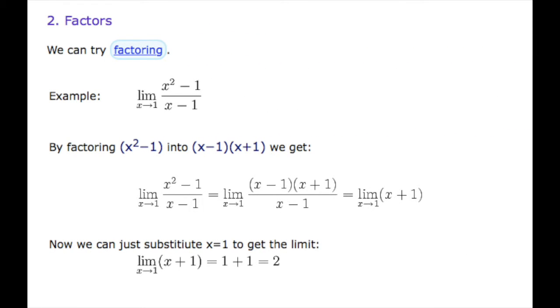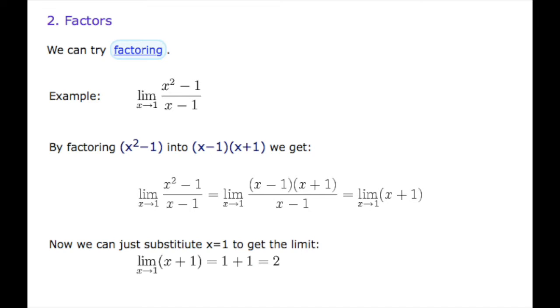The second way to get the value of limit is to find the factors. We can try factoring. For the given example, which is the limit of x squared minus 1 over x minus 1 as x approaches 1, we can factor the x squared minus 1 into x minus 1 times x plus 1. So, we can now cancel x minus 1 in the numerator with x minus 1 in the denominator.